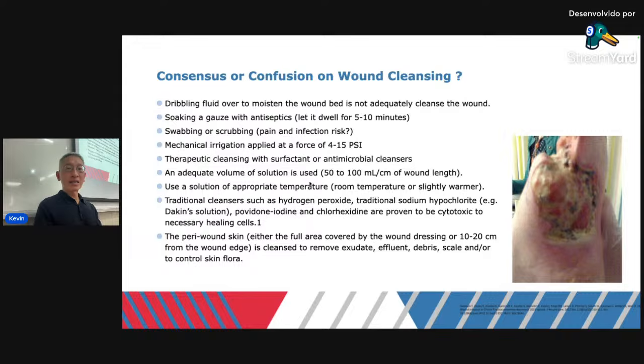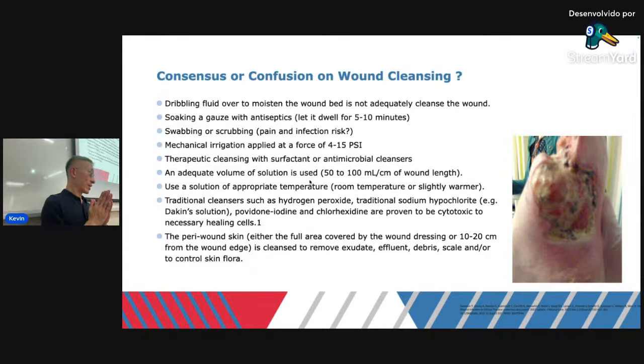And I think the most interesting and informative piece of information in this document is the discussion about the adequate volume of solution required to clean a wound. It's estimated to be 50 to 100 cc of fluid per centimeter of wound length for adequate wound cleansing. In other words, if you have a wound that is, let's say, 10 by 10, you need about a liter of fluid to adequately cleanse that wound.